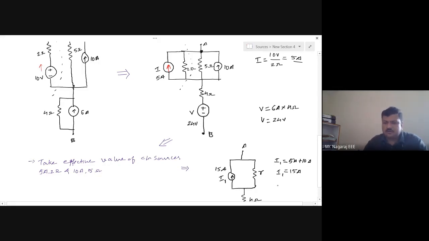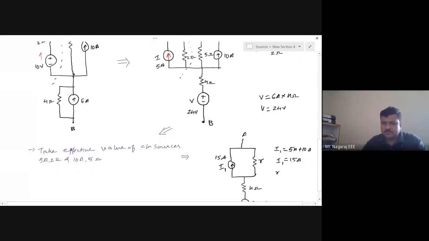Now what is R? Now the resistance R is equals to the effective value of 2 ohm and 5 ohm connected in parallel. So it is 2 ohm in parallel with 5 ohm. So this is equals to 2 into 5 divided by 2 plus 5. So R is equals to what?